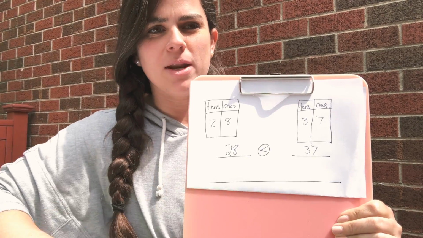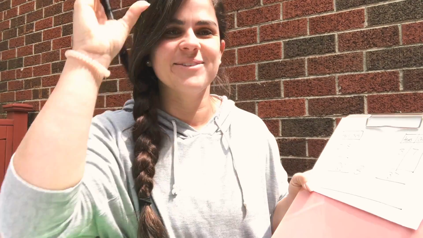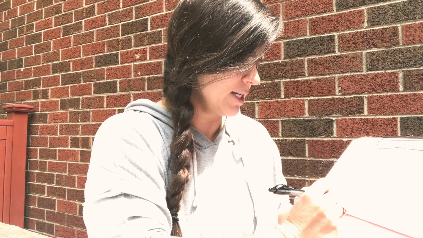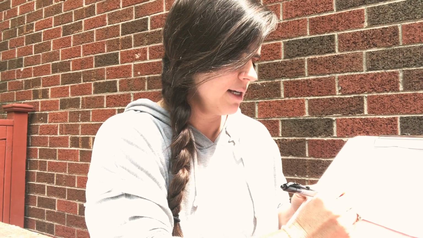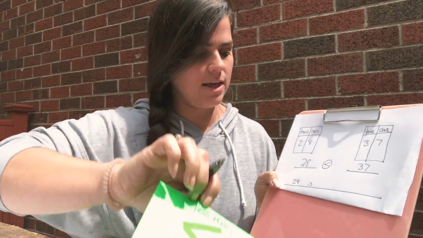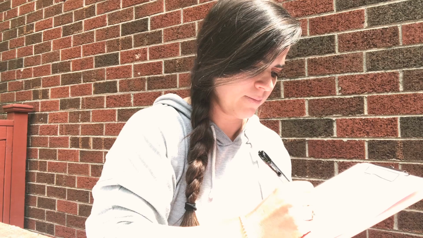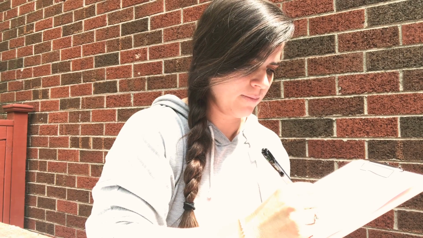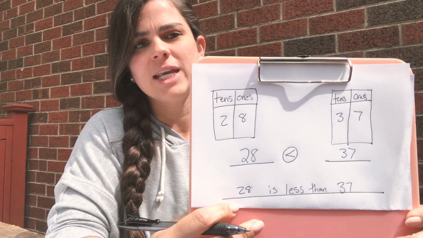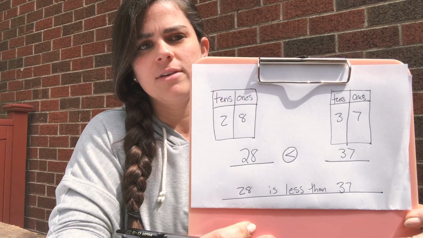And I'm going to make a word sentence to match my number sentence. So I'm going to say 28 is, and I'm going to put what this symbol means, less than 37. 28 is less than 37.